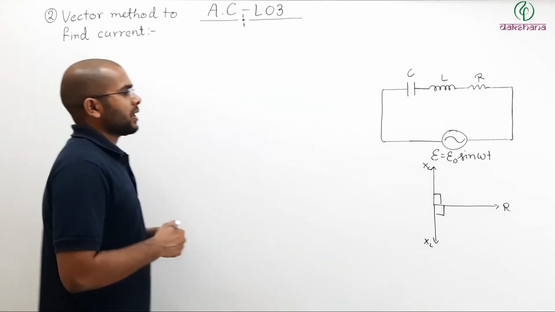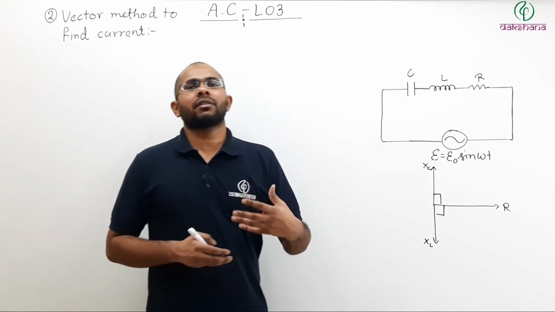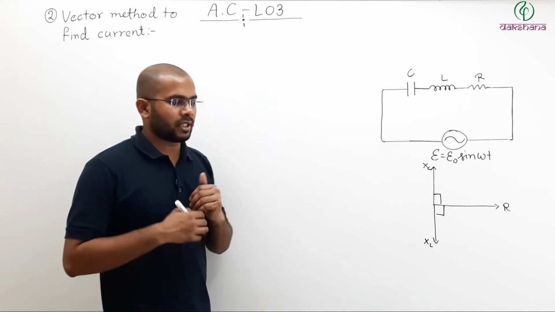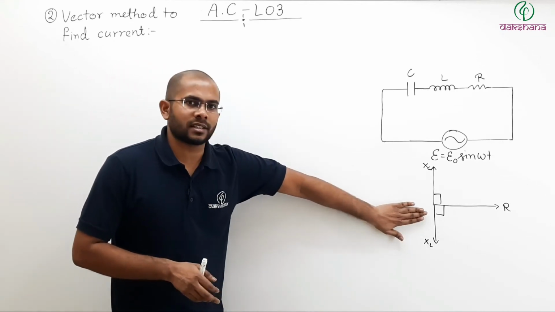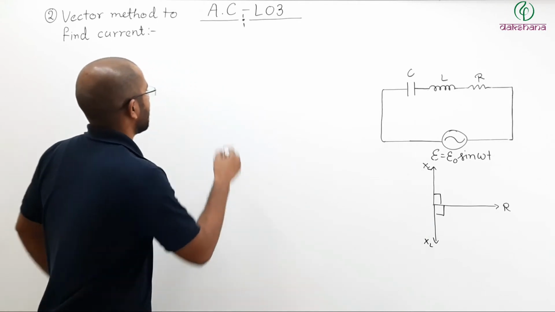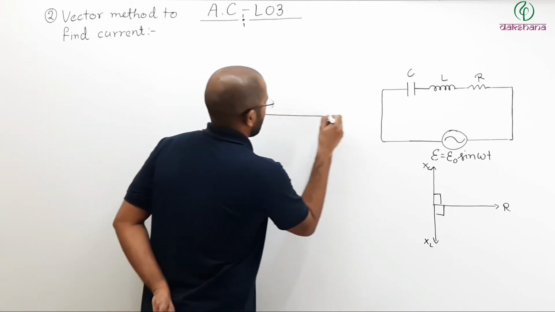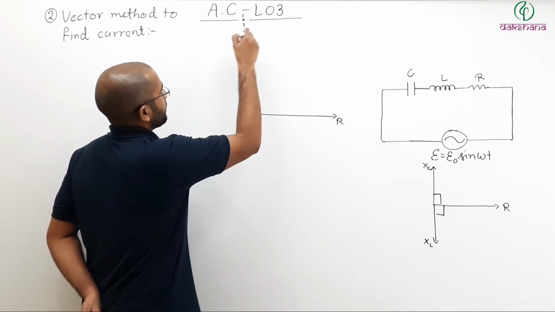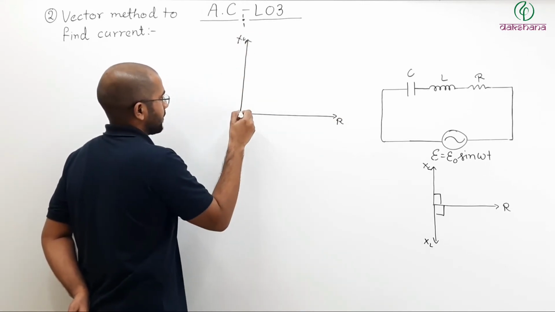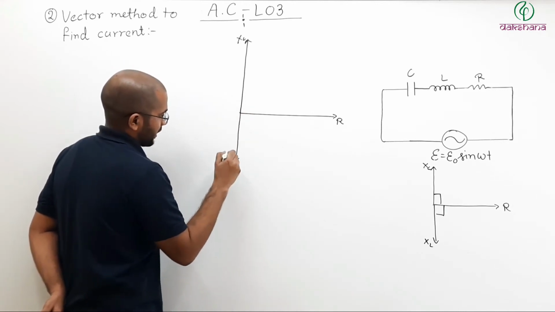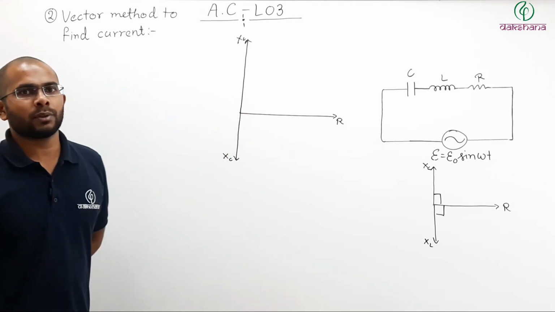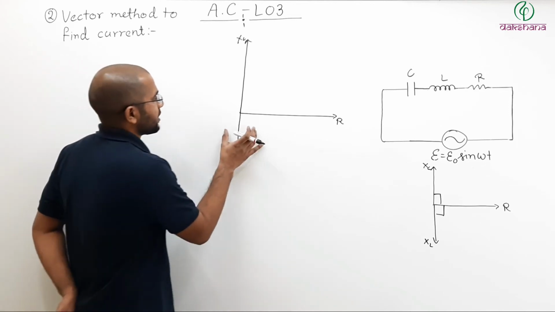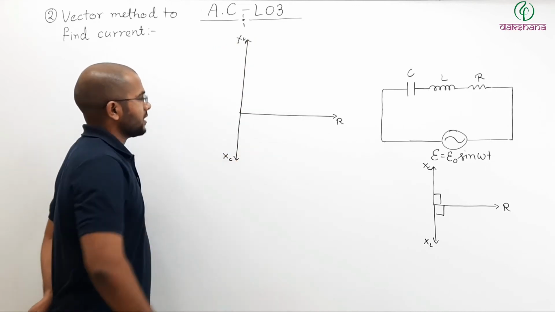Now, if you remember, we were talking about the effective resistance of your circuit. So in case I want to find the effective resistance, how can I show it? Let us say this is your R, this is your XC, this is your XL. Now, let us say XC is greater than XL.